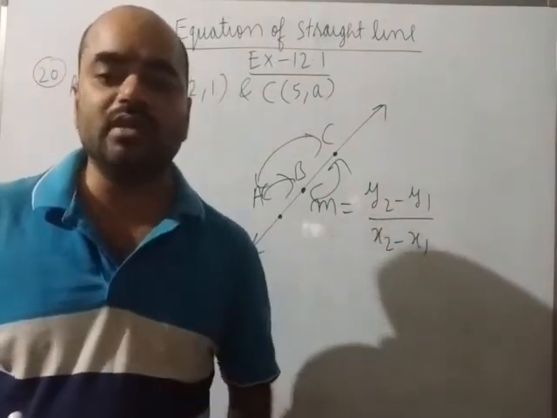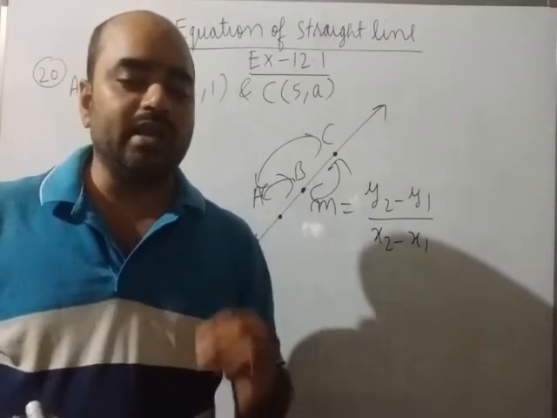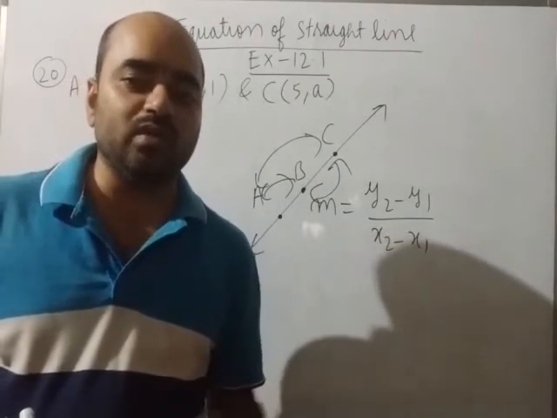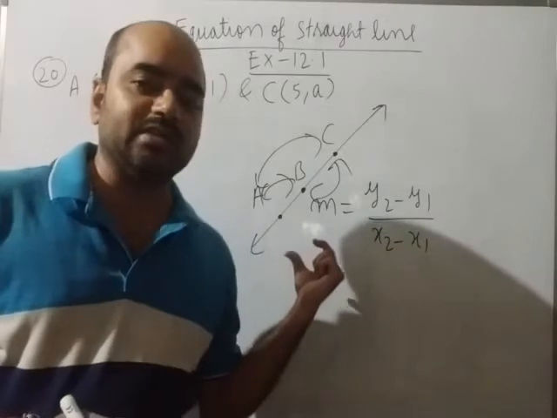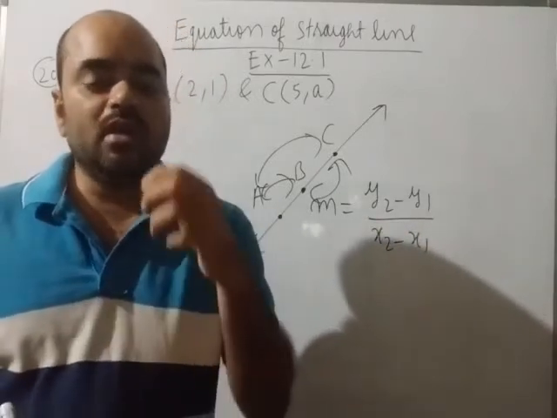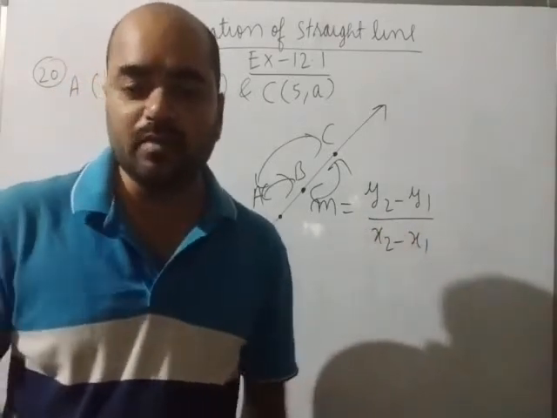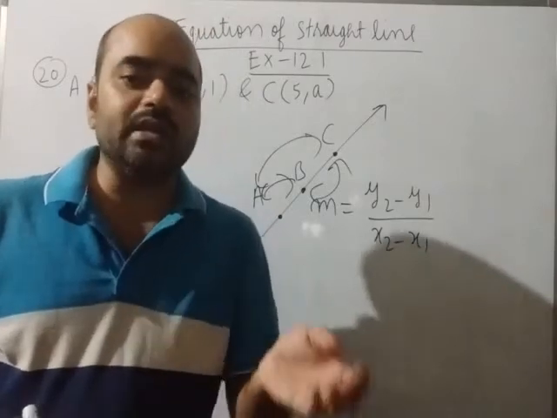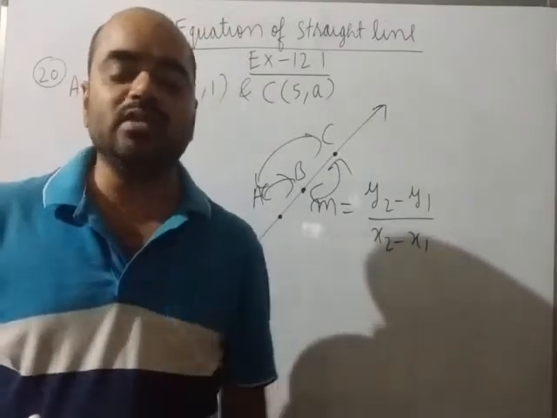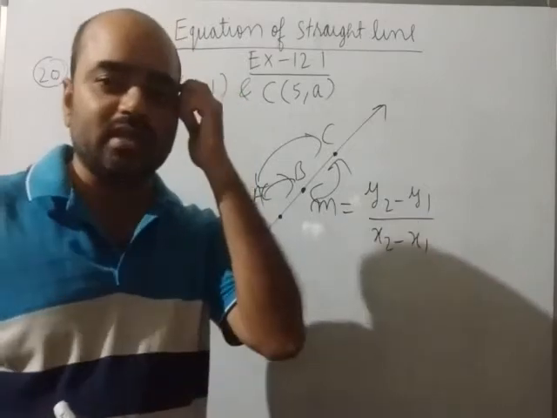Understood what is the advantage of collinear points? Whenever it is given that the points are collinear, it means we can find the slope using any 2 points on the line and every time the slope will be the same. Or if you have to prove that 3 points are collinear, two methods are there.